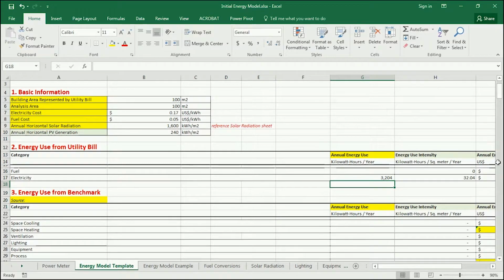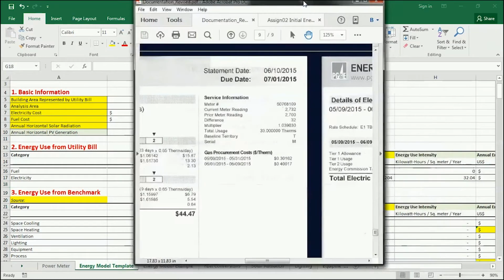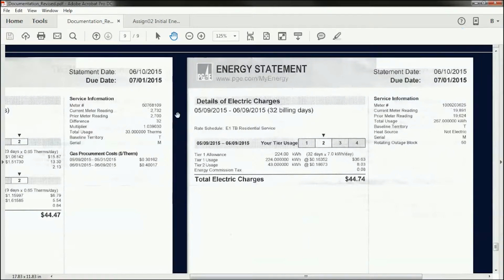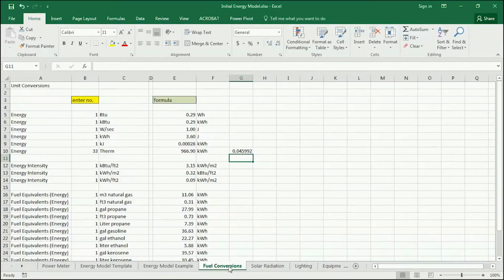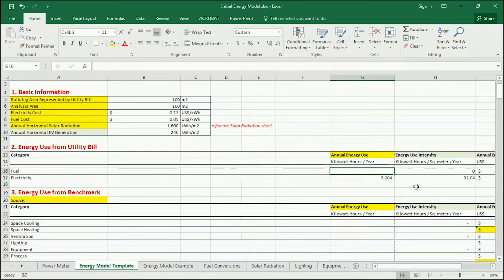For the fuel, remember it was 33 therms, and this is asking for kilowatt hours. So I'm going to go back over to that fuel conversions. I still have 33 written here. That was 967 kilowatt hours. And I'm going to type in 967 times 12 there. I forgot the equal sign. There. So that gives my total.